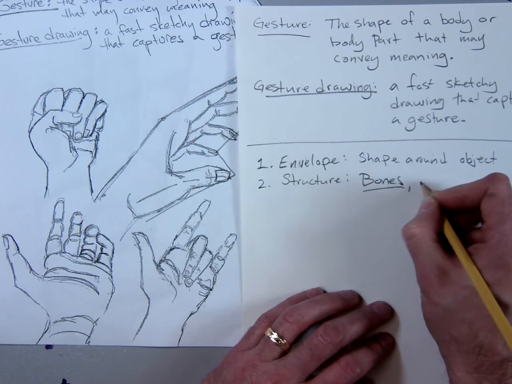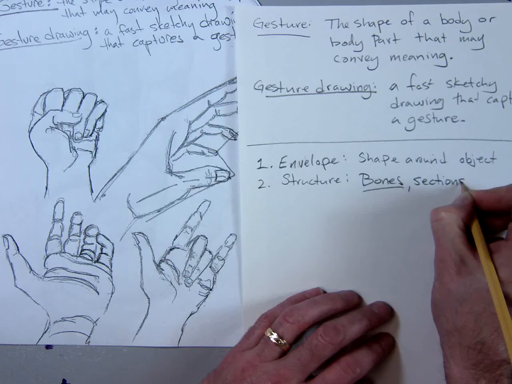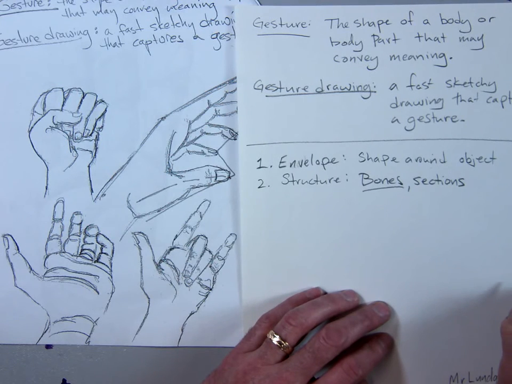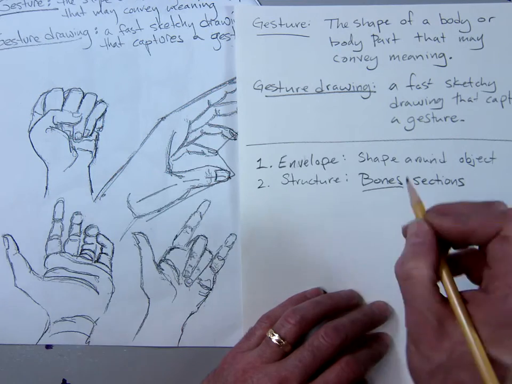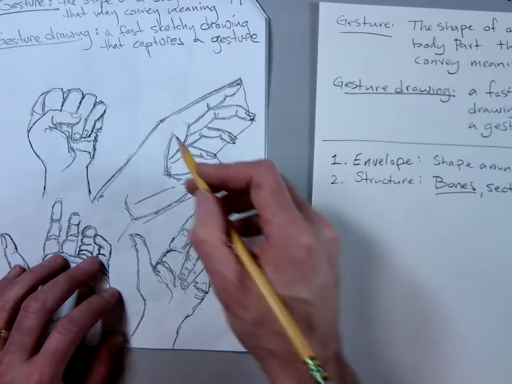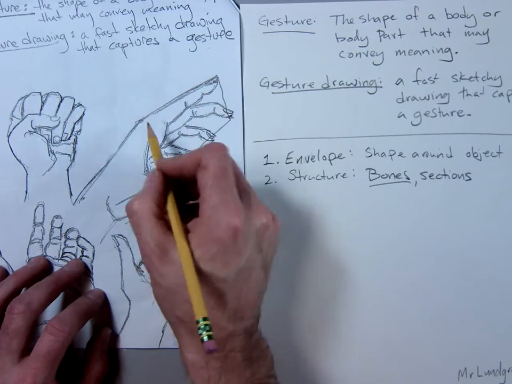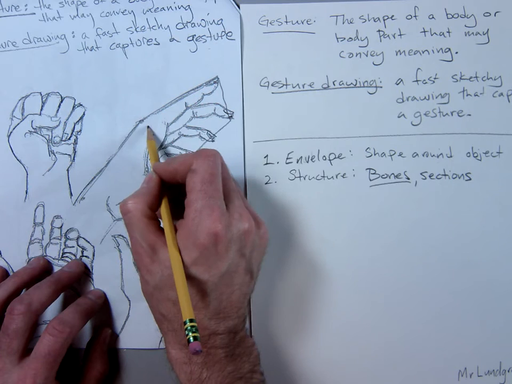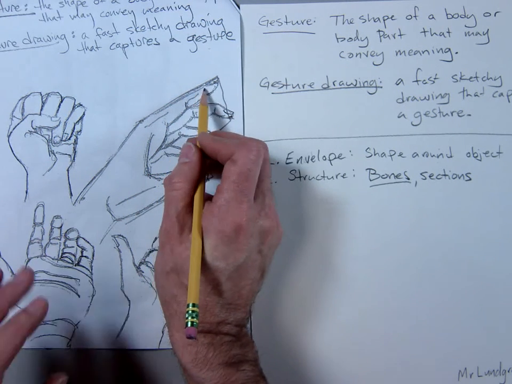Then I like to think of sections, like arms and legs, and kind of draw in the bones of those sections and then put sections around the bones. Okay? For example, if we were looking here, I might say here's the thumb bones, here's my knuckle, and there's a bone and another bone and another bone this way.